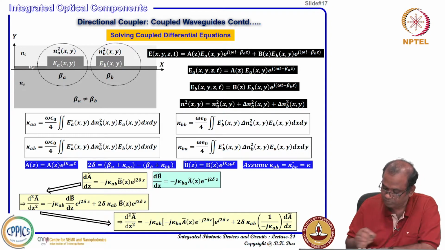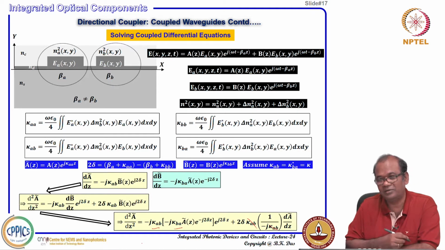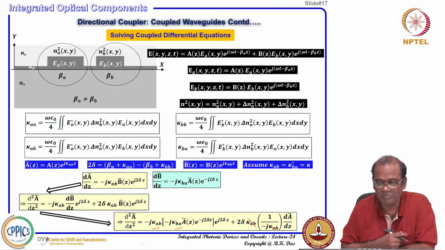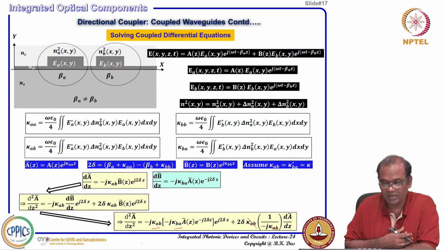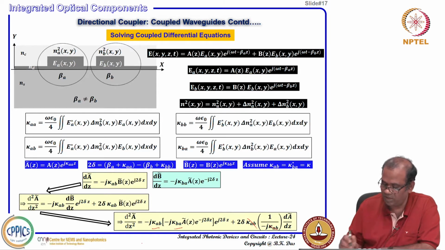Now, again to proceed further, it would be better, because you have kappa a b that will be cancelled here, but here kappa a b and kappa b a, two terms are there. If they are different, you can keep on using that for the solution, but to get a complete analytical solution, most of the time also practically you will see kappa AB will be equal to kappa BA star equal to kappa.